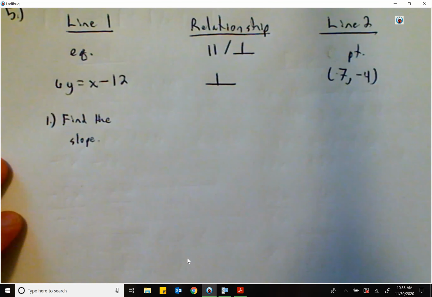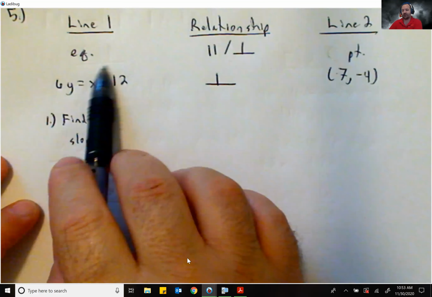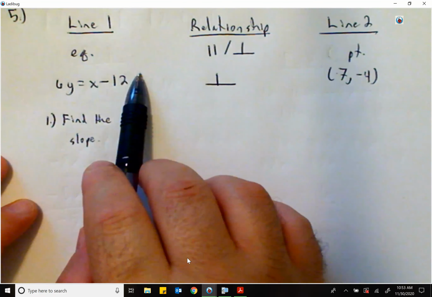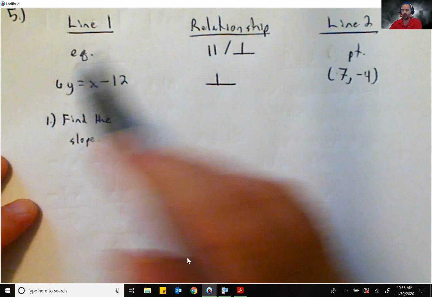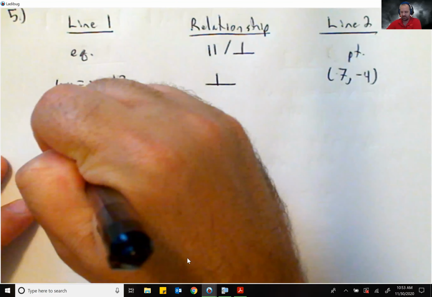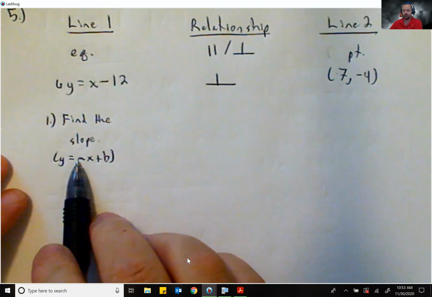No, because we don't have points. Well, you don't need points to find the slope, but we're almost there. We can find the slope from this, but we got to do one thing first. We need to get y by itself. Because if we can get this into y equals mx plus b, we can find that slope.